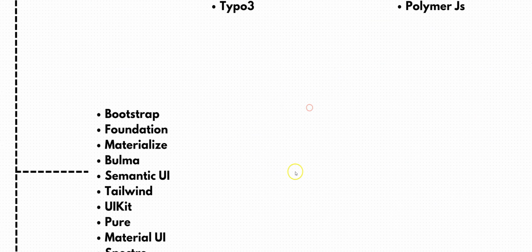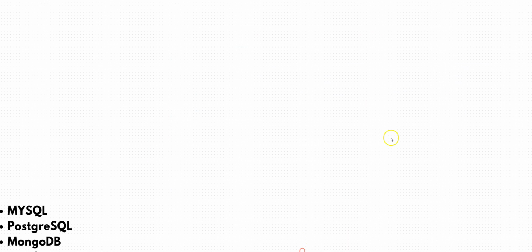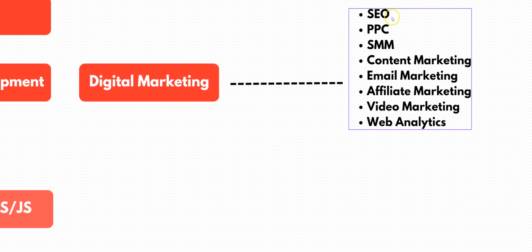Then you can learn databases, where you will be called a database administrator. Using this, you need to handle the data that comes in and process it. Or you will be called a digital marketer if you learn these technologies.